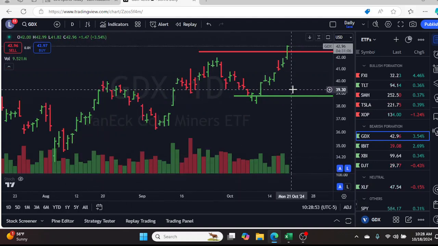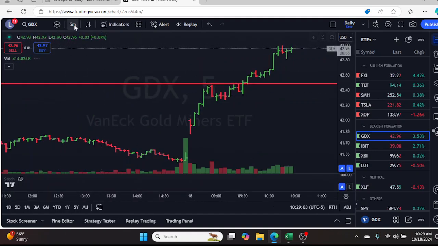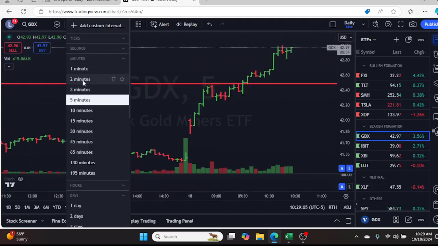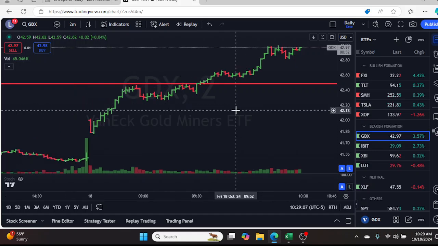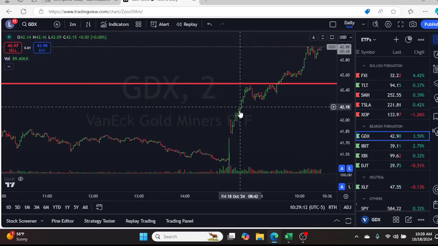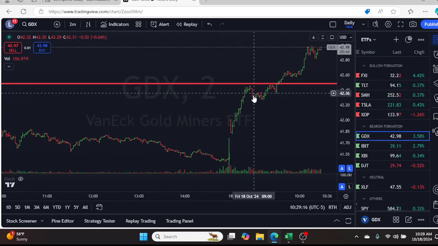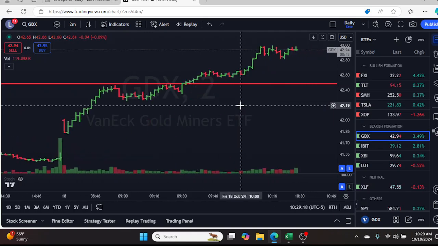small short today. So anything above 41.89 on GDX is going to have my attention. I want to feel as little pain as possible. So I went all the way down to the 2-minute, and look at all these green bars. So I'm not going to cover at that point. I'm going to wait for it to establish a high and then come down and test some rate of change bars.